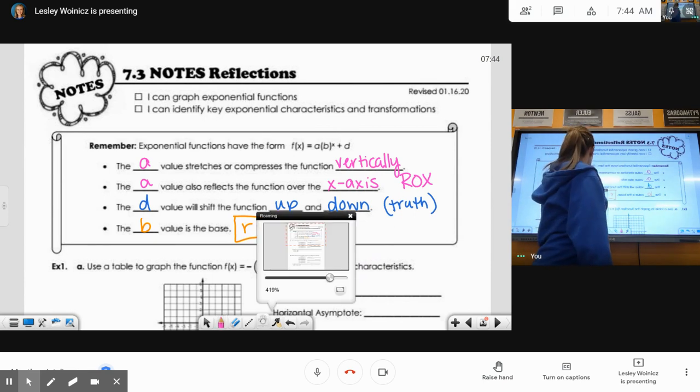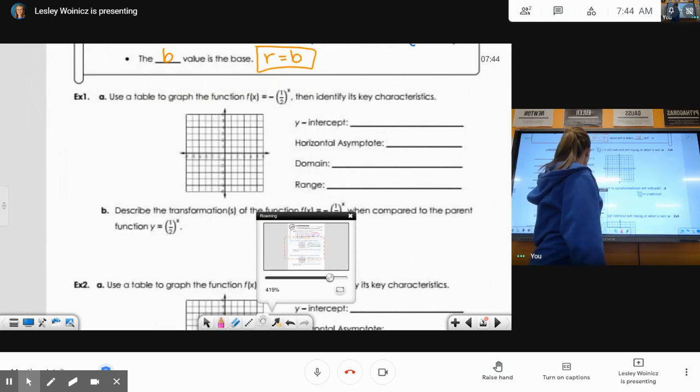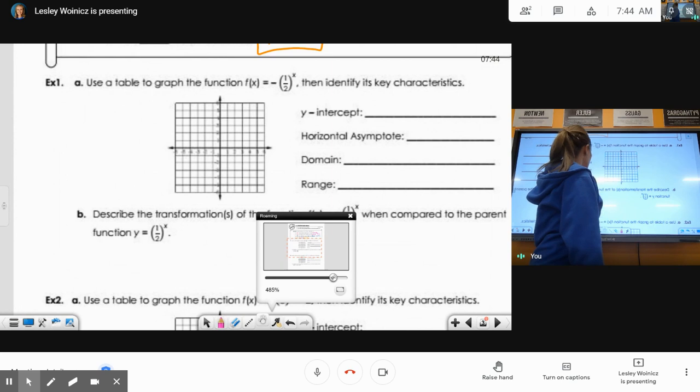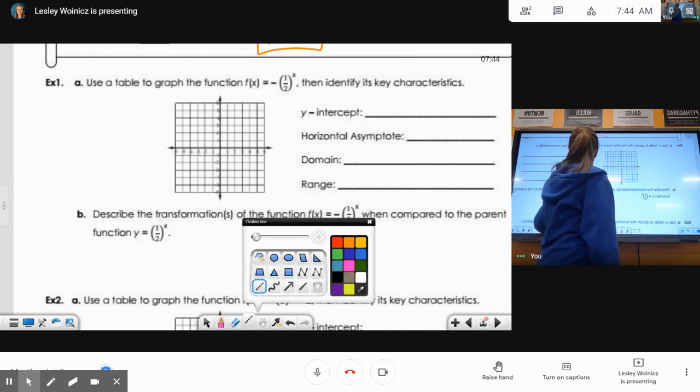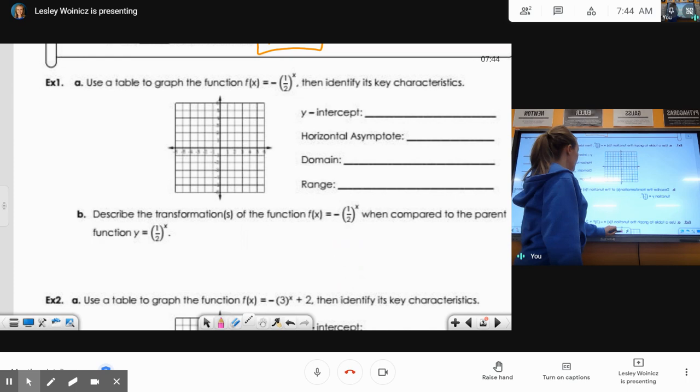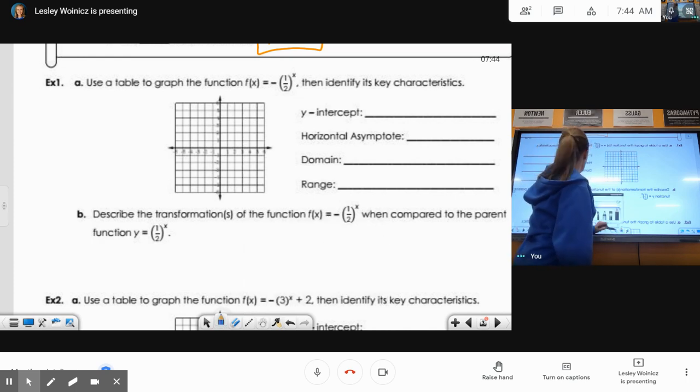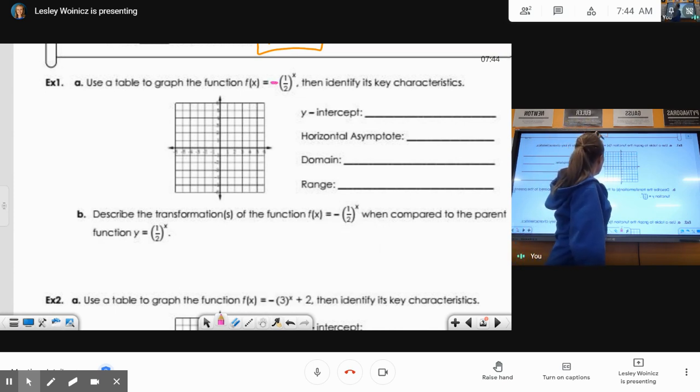Okay, let's look at an example. Actually, we're going to talk about them in alphabetical order. First, you can see we have an A of -1.